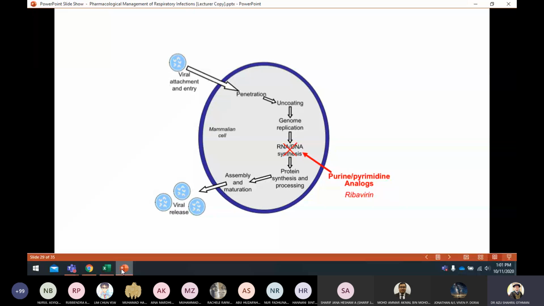Ribavirin mechanism of action. Summarize into 6 words.